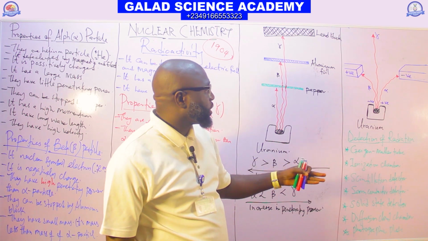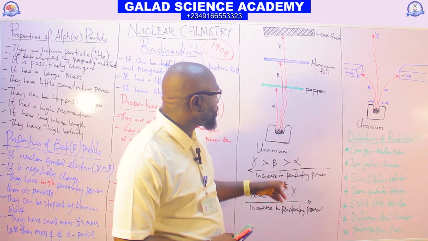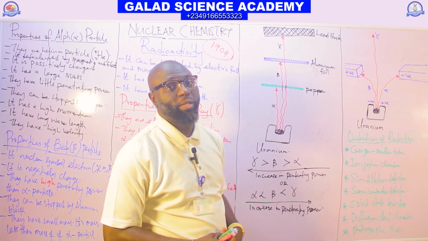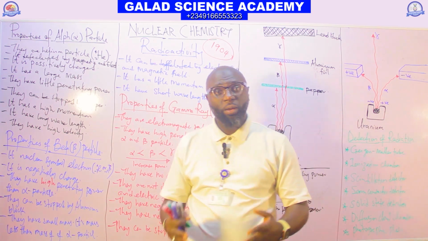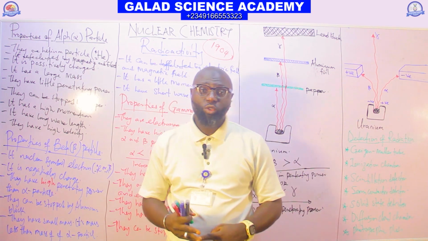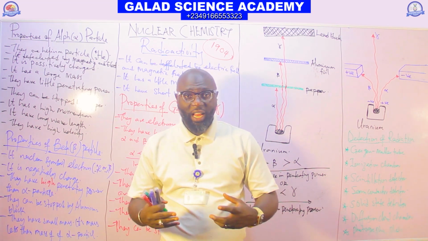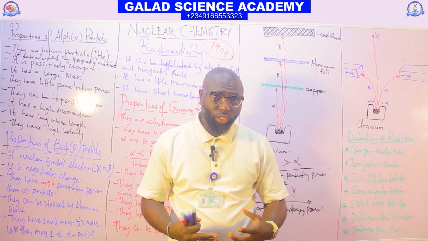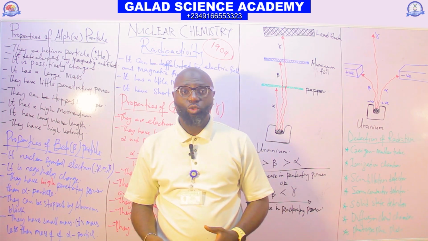So the next thing is, let us look at the properties of the nucleus of radioactive elements. By looking at that, we need to check atomic number, mass number, isotope, isobar, and isotone. From there we have unstable isotopes and stable isotopes.